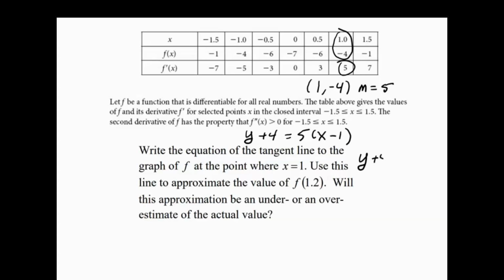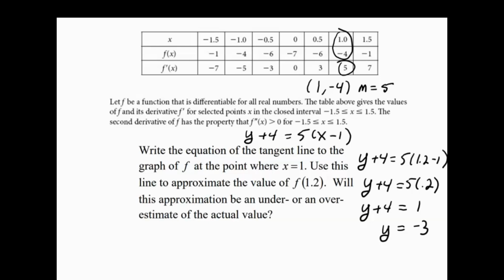So we would get y plus 4 is equal to 5 times 1.2 minus 1. So we would get y plus 4 is equal to 5 times 0.2, or y plus 4 is equal to 1. So y is equal to -3, which means that f of 1.2 is approximately -3.